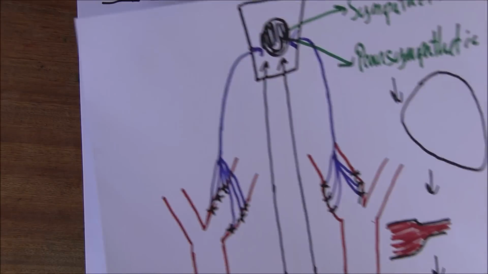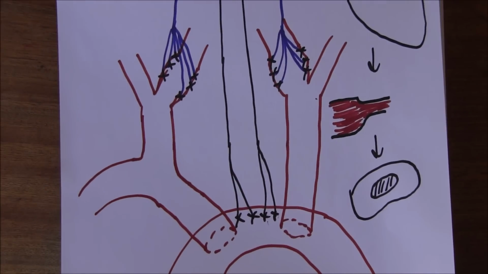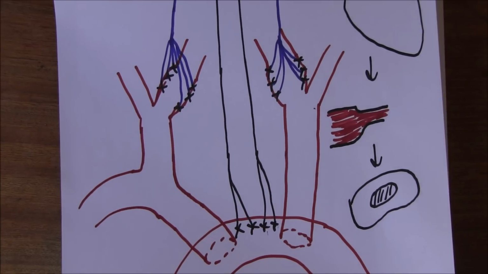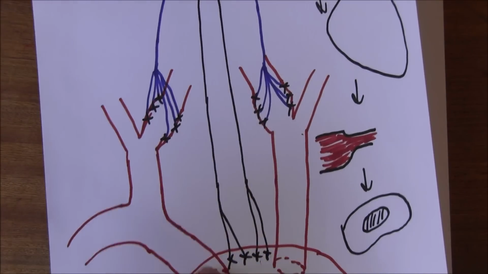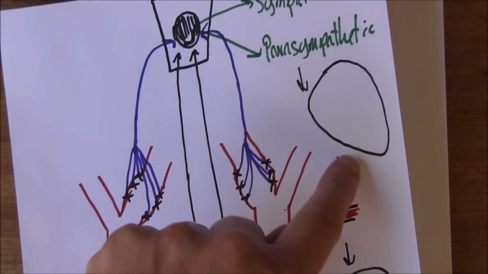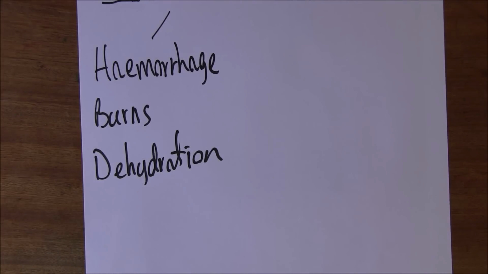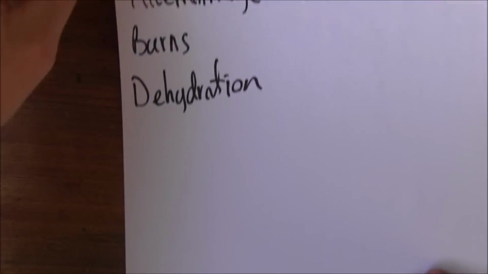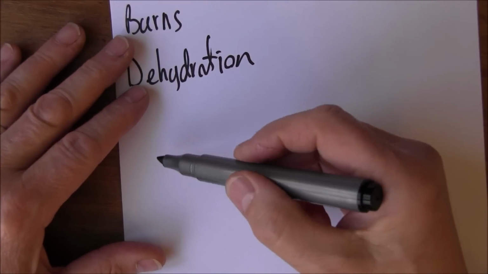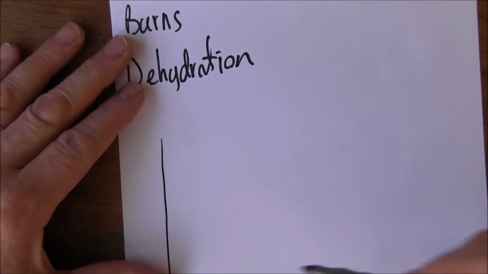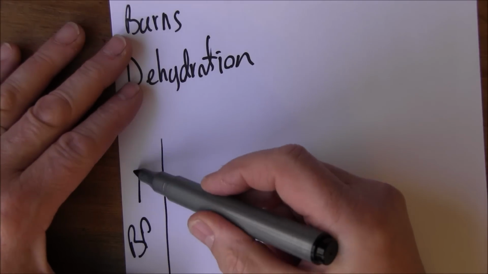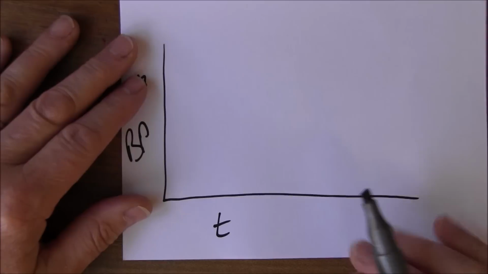So let's think what this has got to do with the physiology we've just considered. Well, if the blood pressure drops, of course, there's going to be compensatory mechanisms that are going to bring about homeostasis of blood pressure. So let's suppose that this is blood pressure here and time here.